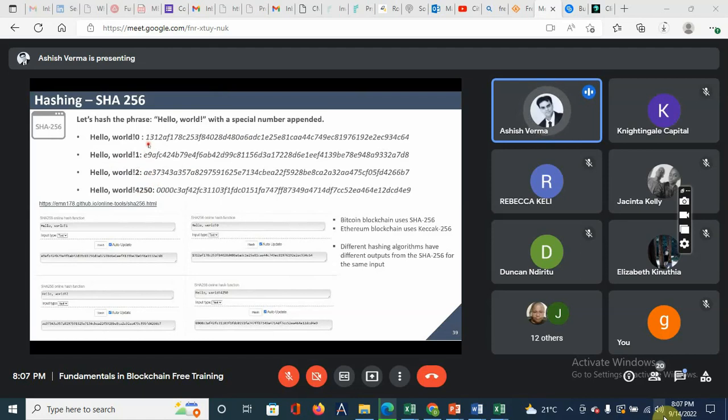Actually, there is no pattern. All these hashes are completely different, though only a single digit has been changed in the message, the entire hash has changed, and we cannot correlate what kind of message was there if we don't know exactly what the message is. That's why we call it a one-way function. From this hash, you will not be able to find out what the message was.